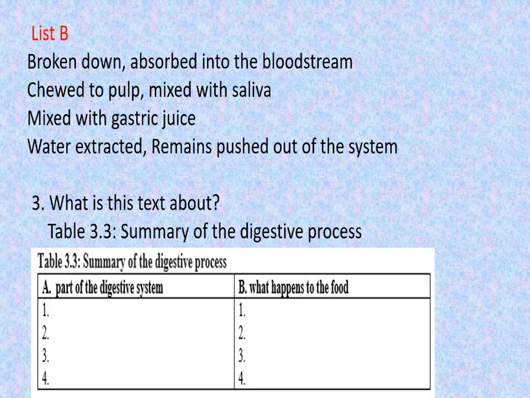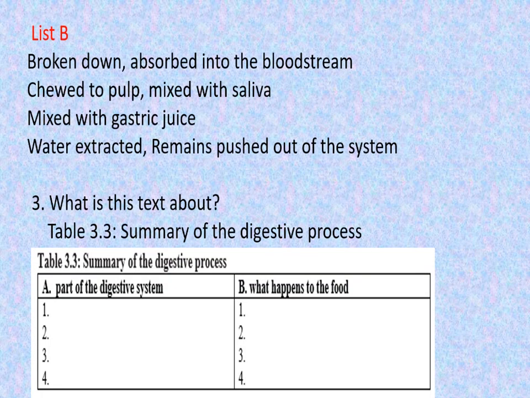Okay, so in this table you're majorly going to say, for example, if it is the mouth, what happens as far as list B is concerned. If it is the anus, what happens as far as list B? So we are looking at list A, the different parts, and list B, their role, or what happens in those parts. So majorly that is task 2.